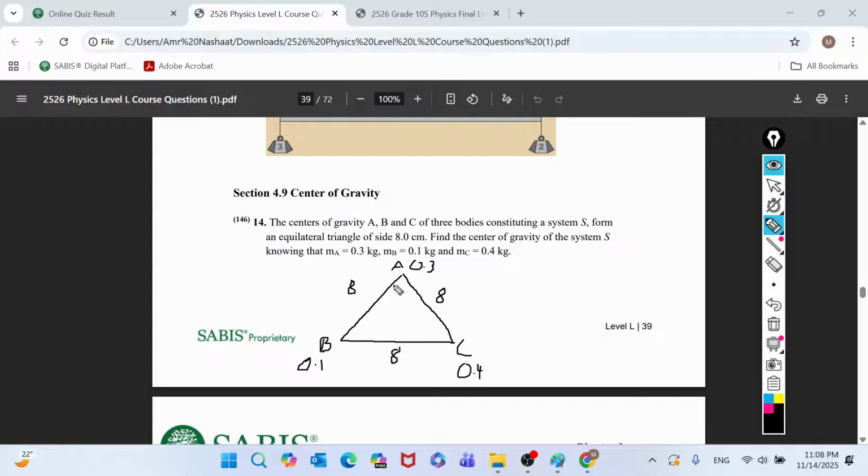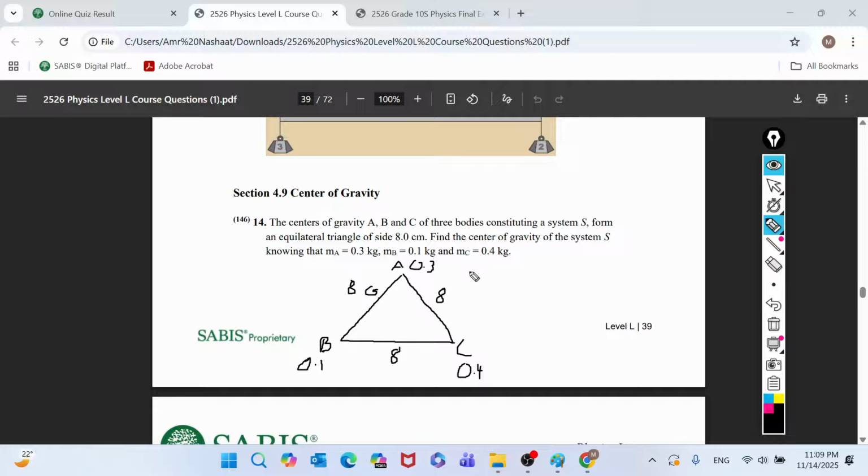So first, let's find the center of gravity between A and B. We'll say this is G, any point, it doesn't matter. It's not there exactly, but we're going to use it to calculate.